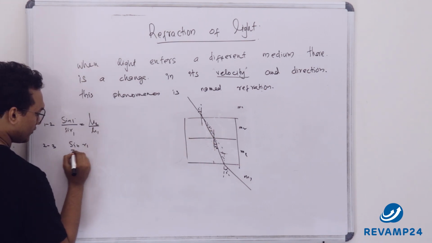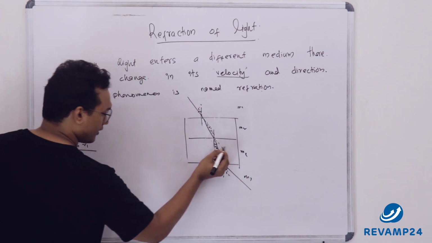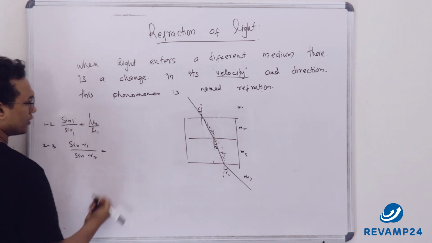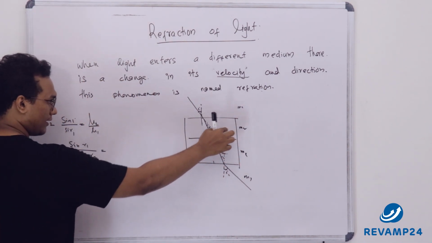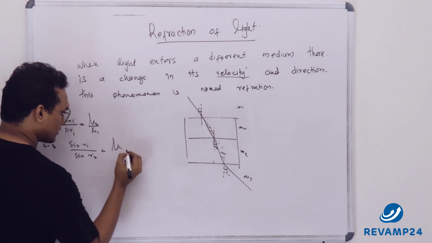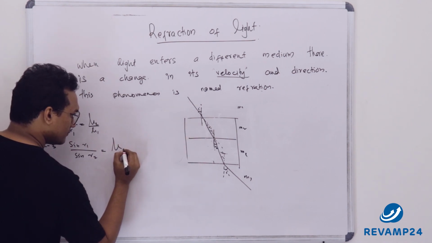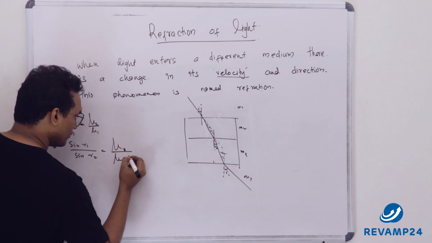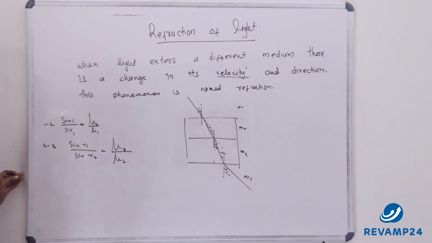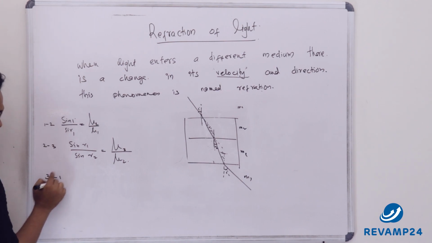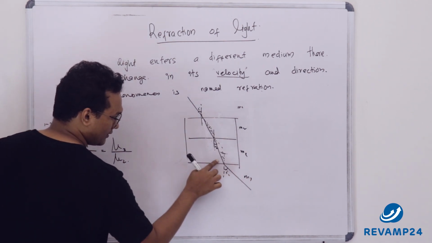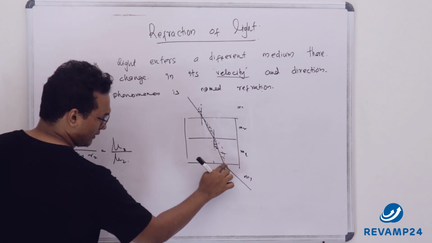Sin r1 divided by sin r2 is equal to mu 3 divided by mu 2, the refractive index of the second medium, this being the second medium compared to this. Now from 3 back to 1, the next refraction occurs here.